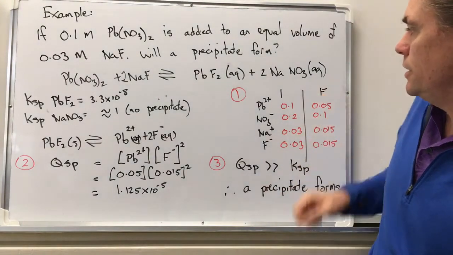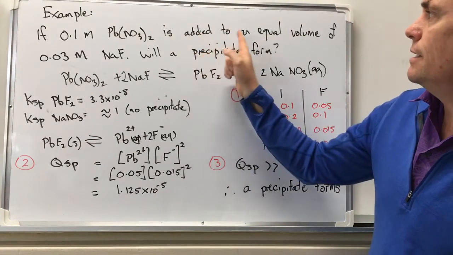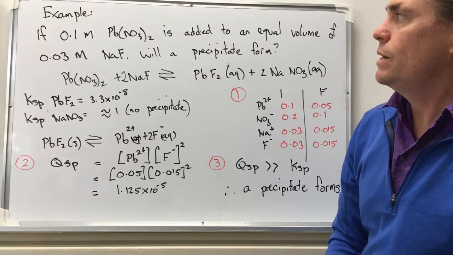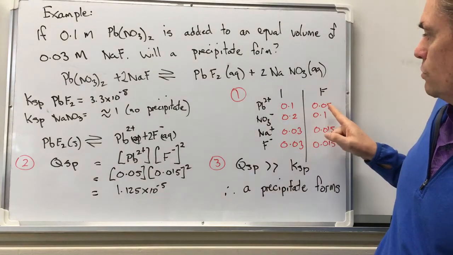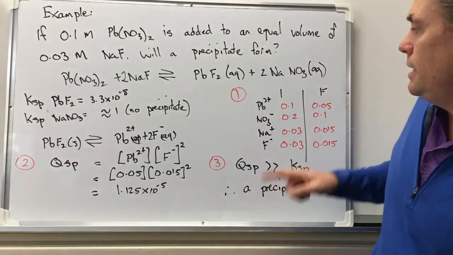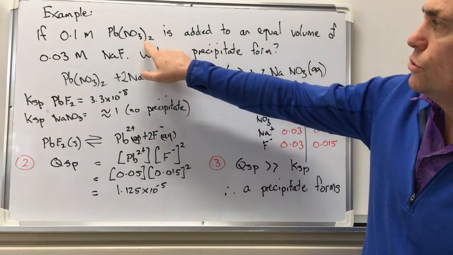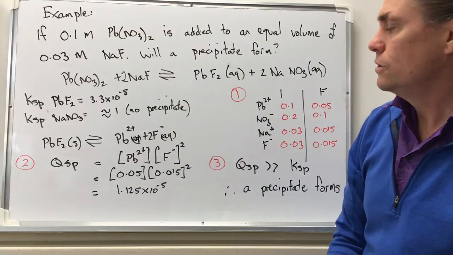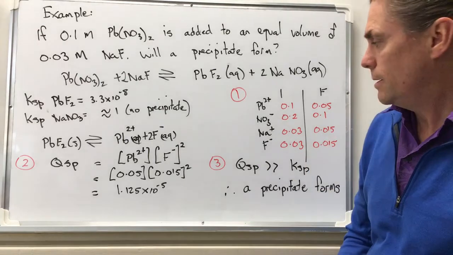Now, our final condition when we add the two solutions together comes from the fact that we add an equal volume of both solutions together. So effectively, we're halving the concentration. So our final concentration of lead ions will be 0.05 molar, or moles per litre. Similarly, our nitrate will go from 0.2 molar, because we've got 2 lots of our nitrate for every 1 mole of lead ions in solution, and our final concentration will be half of that, 0.1 molar.